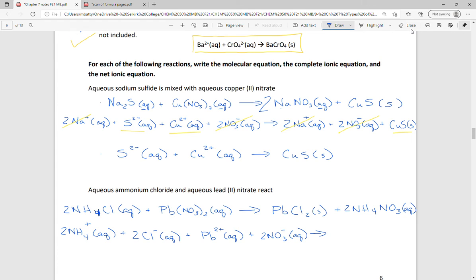This is the thing to not get tripped up on: when it's solid, it just stays together. It doesn't dissolve, so it can't dissociate. It's insoluble. And look at me, totally running out of space. I always try and plan ahead.